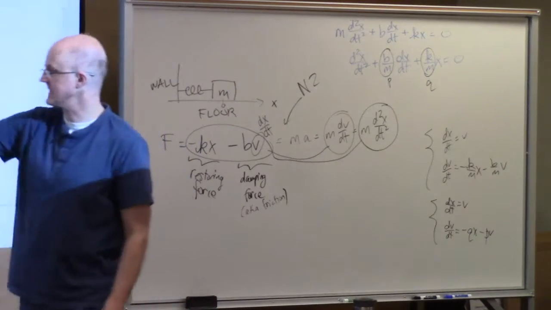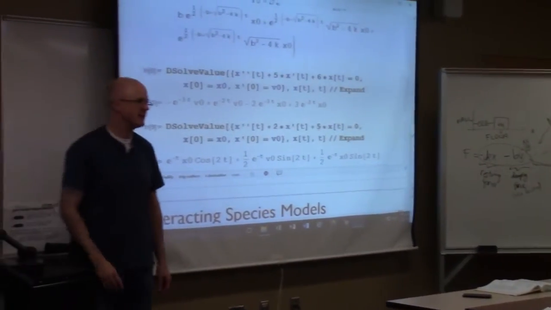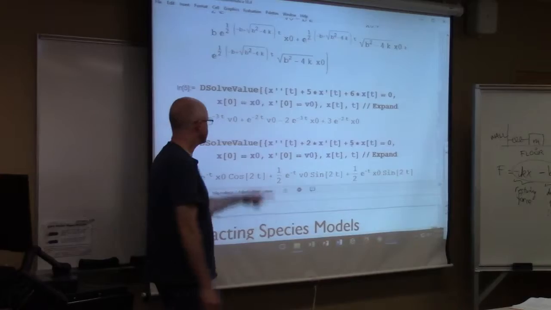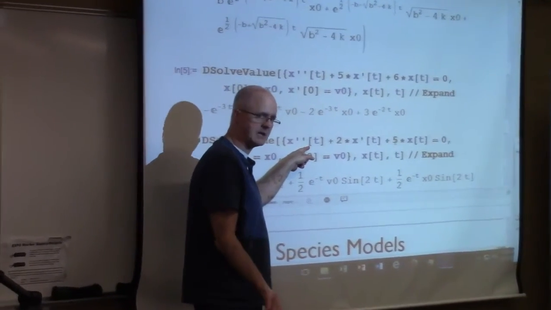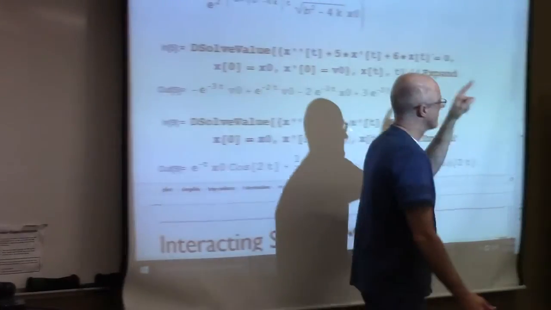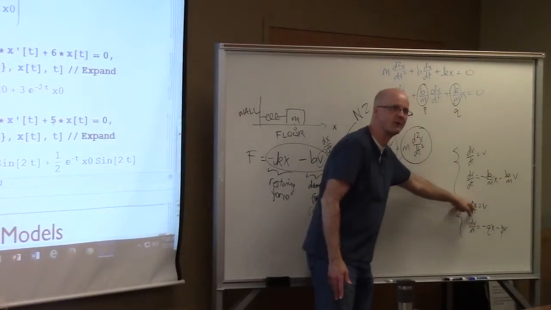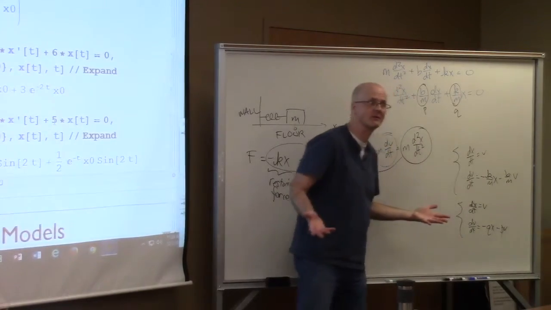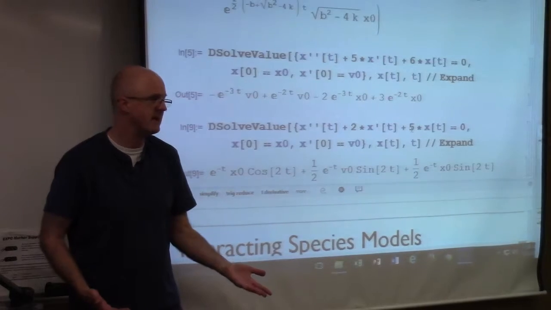Let's take this last example that we just did, and have DSolveValue solve it as a system. This is one second order equation, because it involves a second derivative. This is a system of two first order equations because they involve first derivatives, but they're equivalent to each other. X as a function of t is going to be the same in both cases.